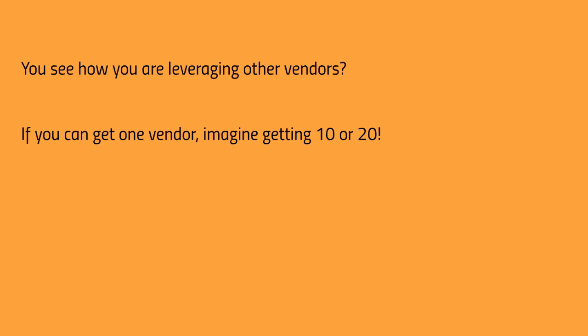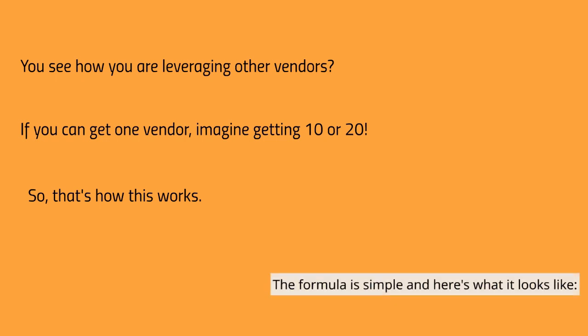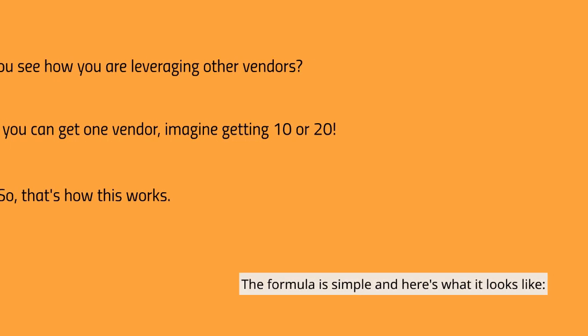So imagine getting 3 or 5 subscribers from each vendor, you could have anywhere from 10 or 50 different people coming to your list every single day. And these are people that are customers. So soon you will have a list of 100 people, and these 100 people will convert at a higher rate as long as you provide them with high value. So this is basically how this works, and the formula is pretty simple.